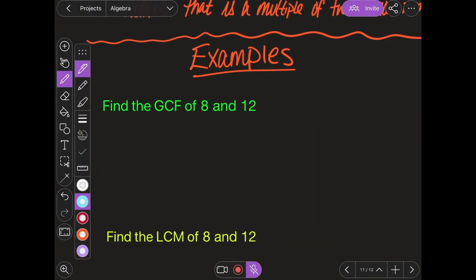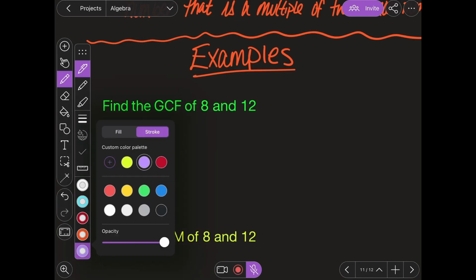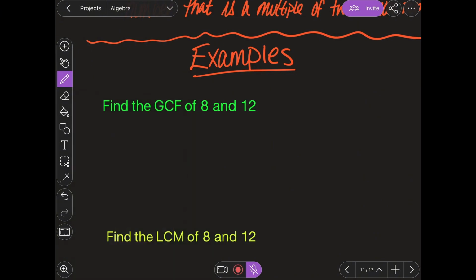So our first problem says find the GCF of 8 and 12. For this problem, we've got to look for the factors, not the multiples, but the factors. First things first, find the common factors. Let's list out the factors first.